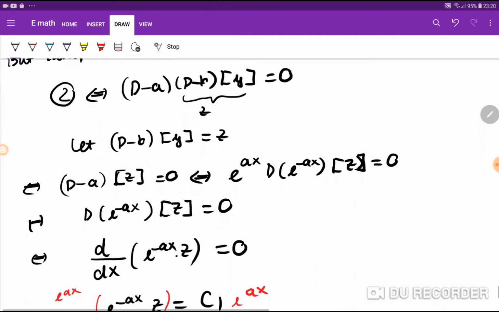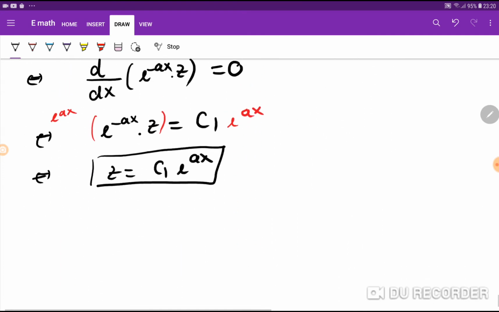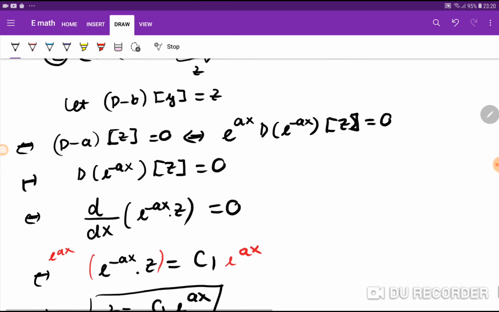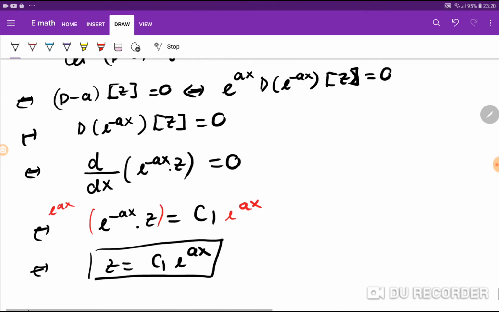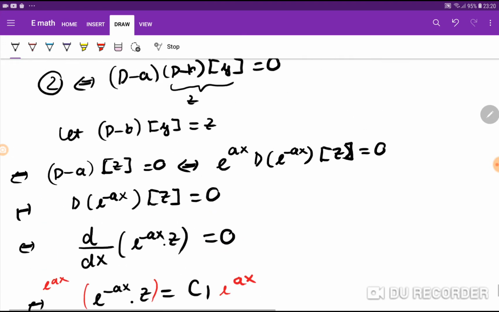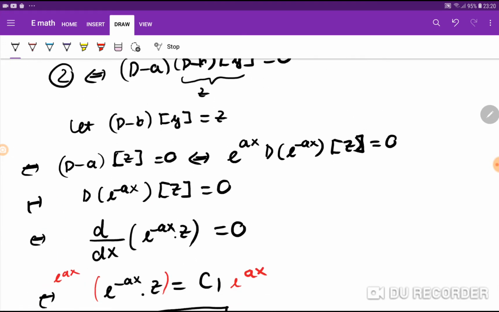Now let's solve for y. Okay, what's y? You have (D minus b) y equals z, right? Okay, so yeah, let me try this.